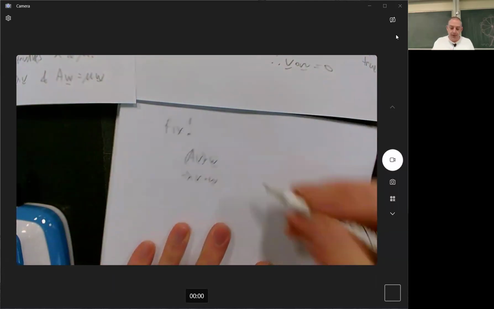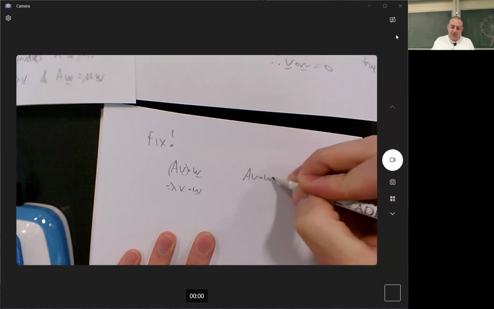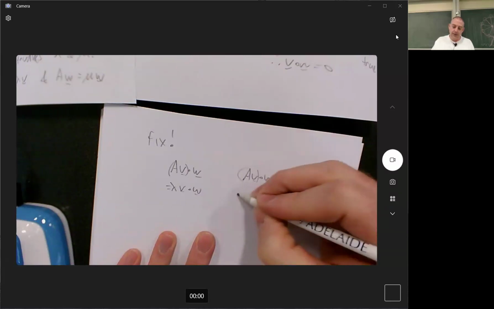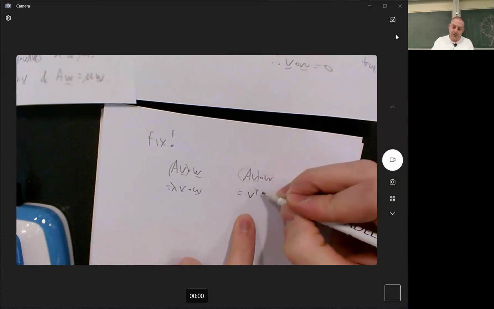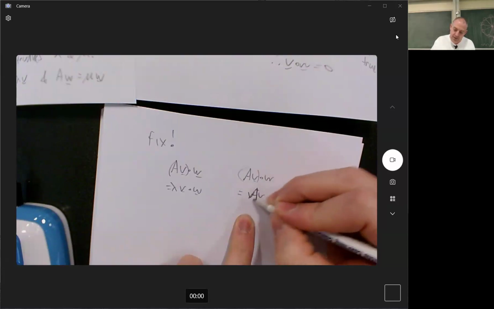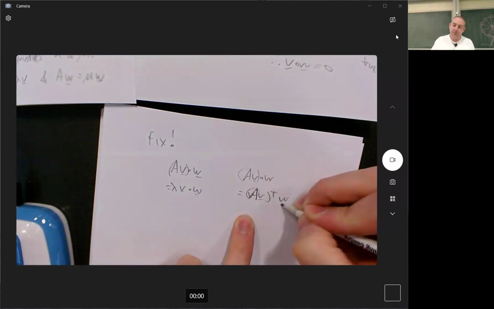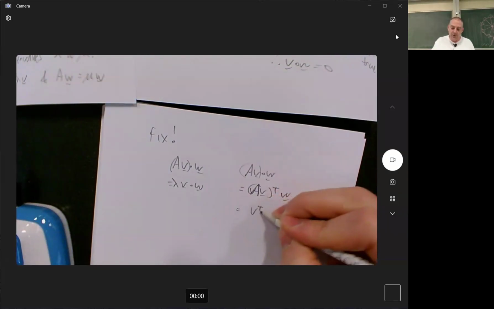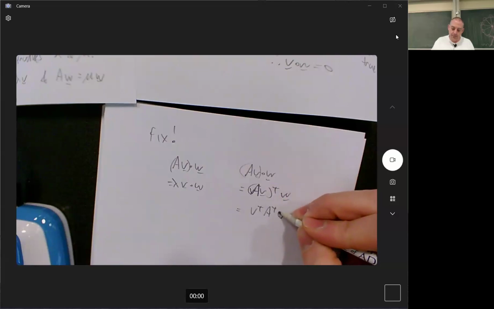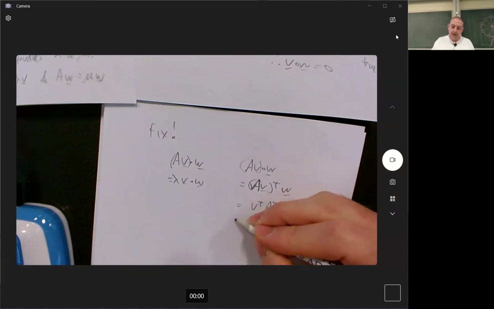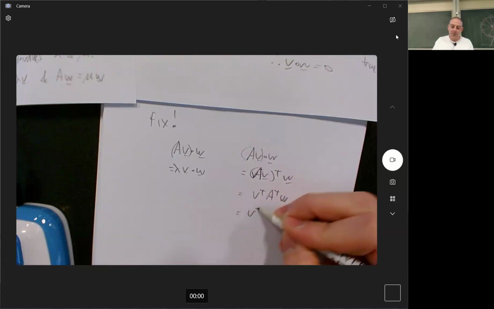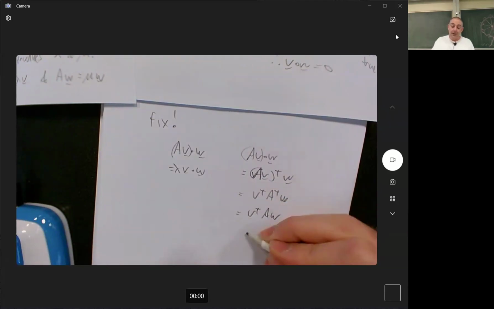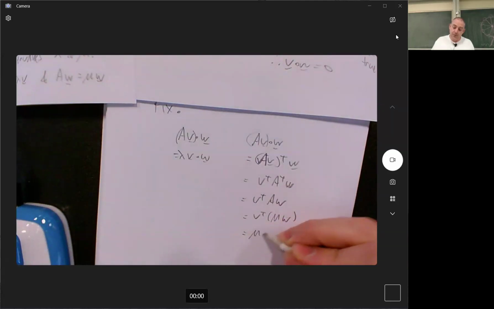That's great. But Av dot w is Av transpose times w as matrices. And that's v transpose A transpose w. And that's v transpose Aw, which is v transpose mu w, which is mu v transpose w, which is mu v dot w.